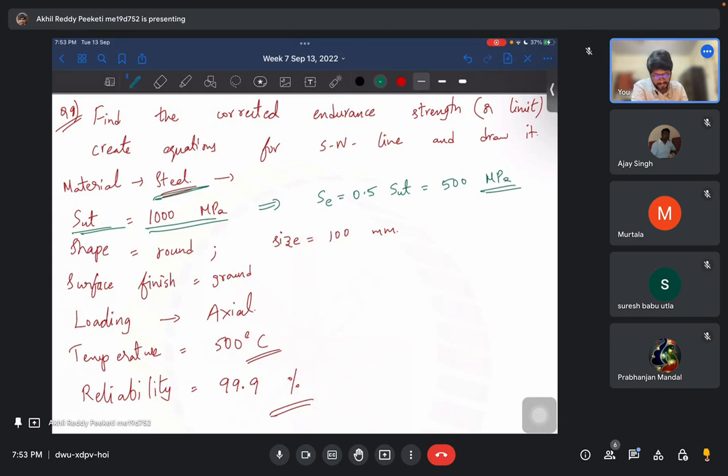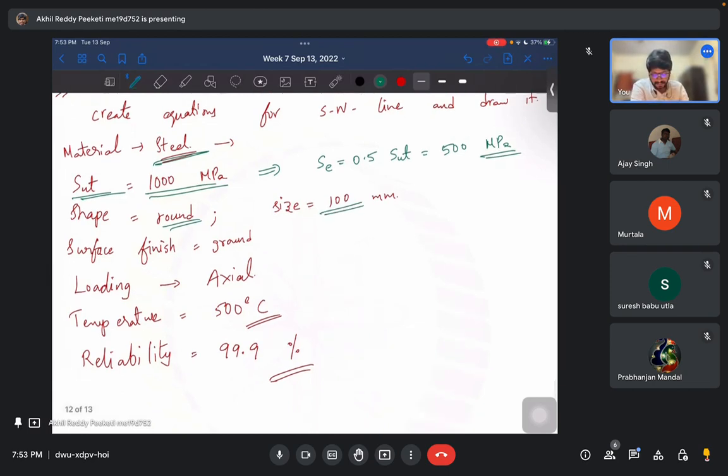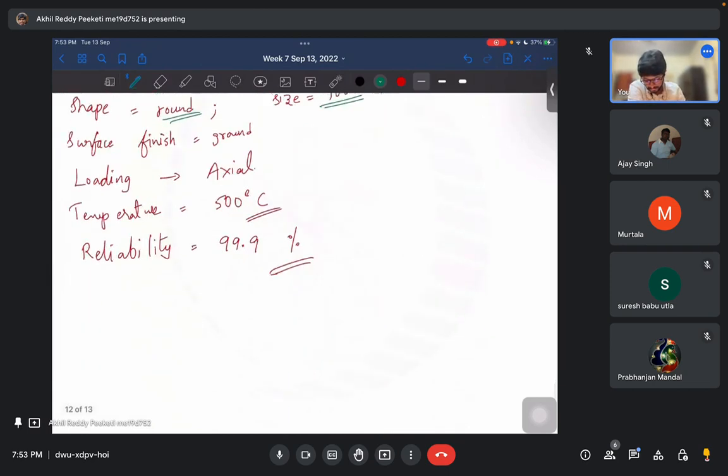Okay. Now shape is given as round, and size is given as 100 mm. What is the correction factor if the size is 100 mm? All this will actually be in your textbook. So you need to actually know that exact equation, or in the exams you would be given that relation or some charts.